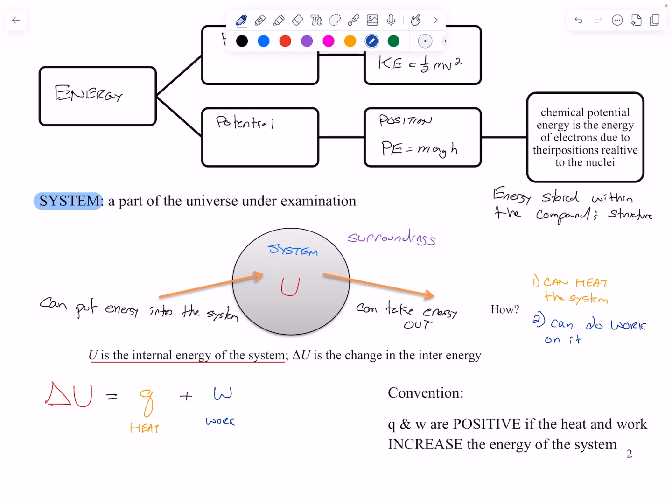Energy can't be negative, just like money can't be negative. You can owe somebody money, but you don't have a negative $20 bill. That would be weird. Oh, happy birthday, here's negative $20. That doesn't work. All right? Okay, so all energy is positive too, and we always look at it through the system's lens, right? And so either the system's gaining energy and the energy is positive, or the system's losing energy and the energy is negative.